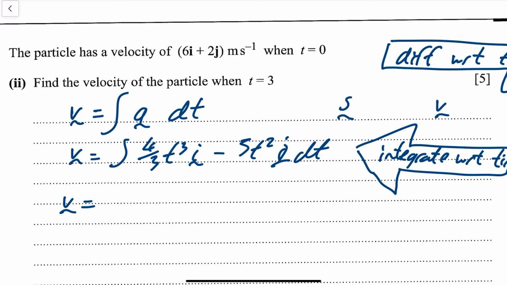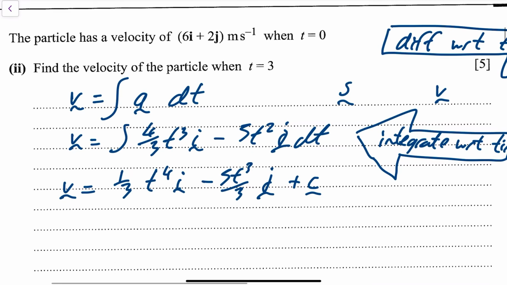When you integrate it, you're going to get 1 over 3 t to the 4 i, and then minus 5t cubed over 3 j plus some constant of integration, and that's a vector constant.